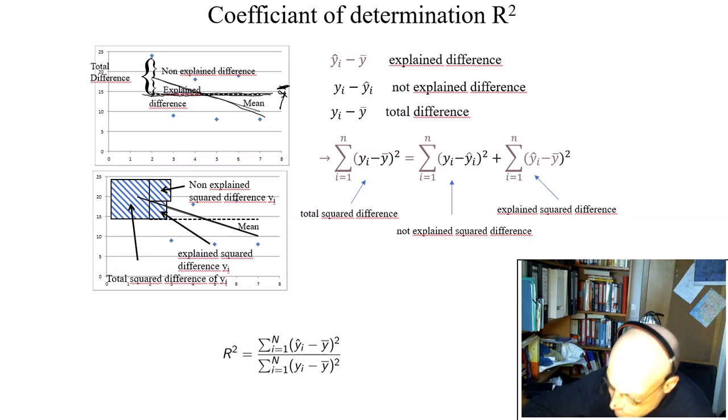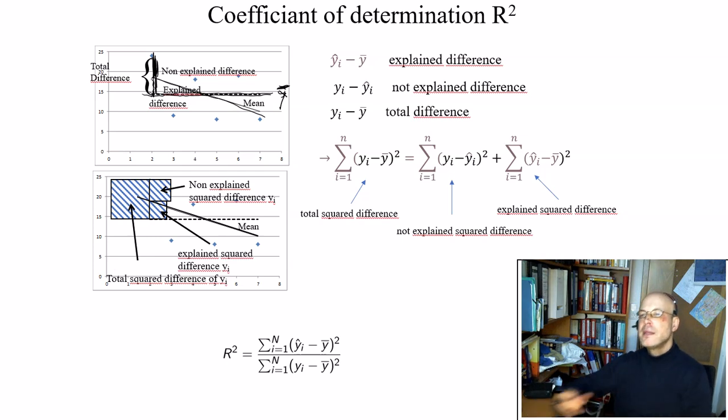So you move a bit more into the neighborhood of your data point. From this long distance to only this distance, we interpret this as explaining the data.